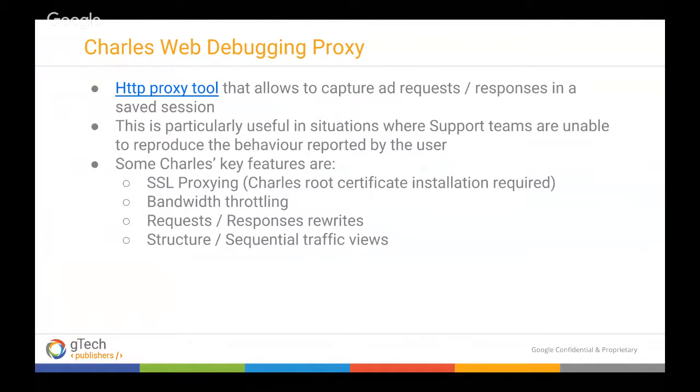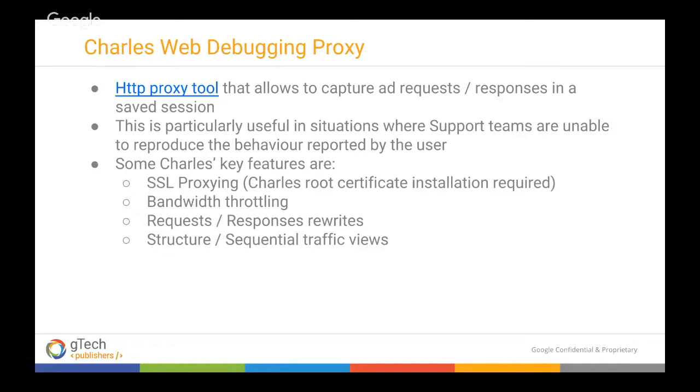So, for example, we can enable SSL proxying. So basically, we would simply use Charles with its own certificate to record and analyze SSL requests coming off the web page. We can do bandwidth throttling.